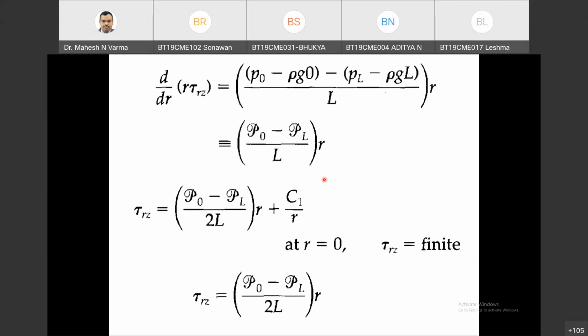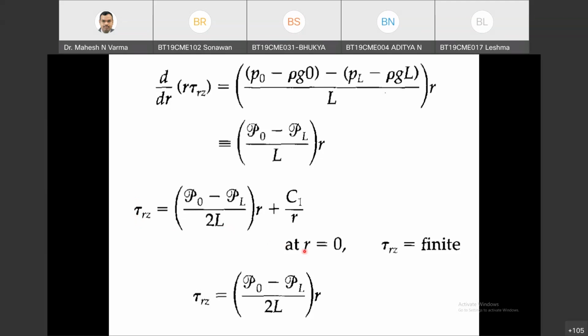Now, if this term is there in my system, then certainly at R equals 0, if C1 equals some value, say 10, then 10 divided by R is undefined. So this whole model equation will be undefined at R equals 0, which is not possible in a physical system.